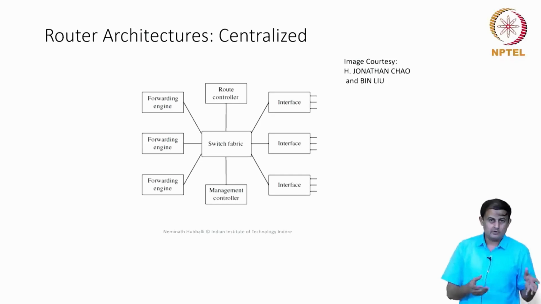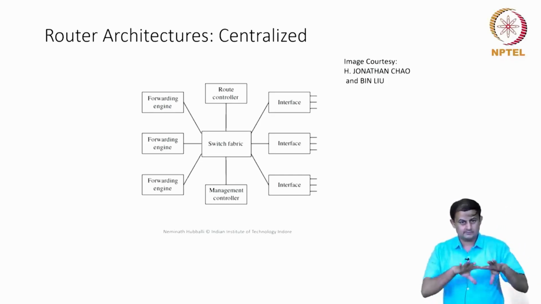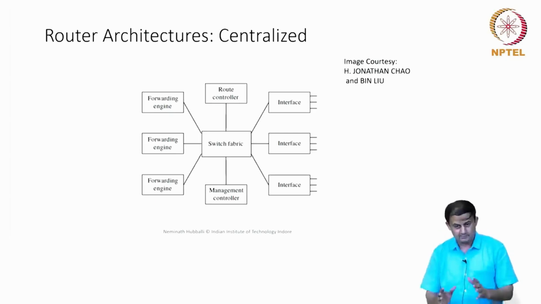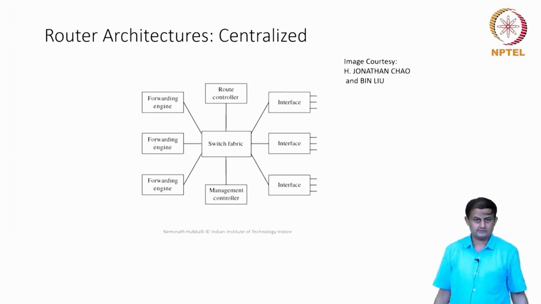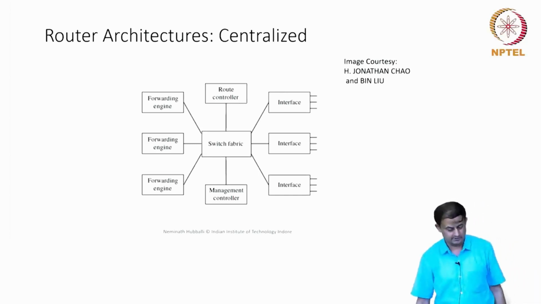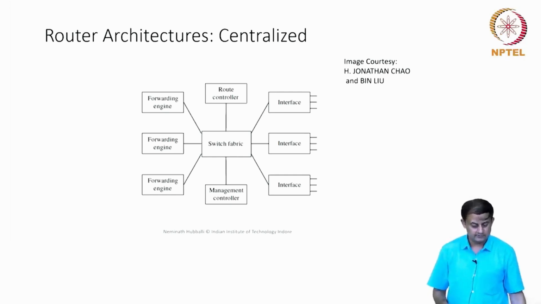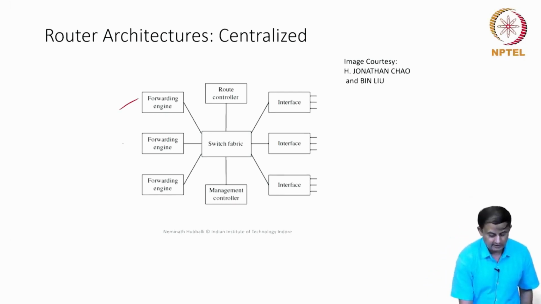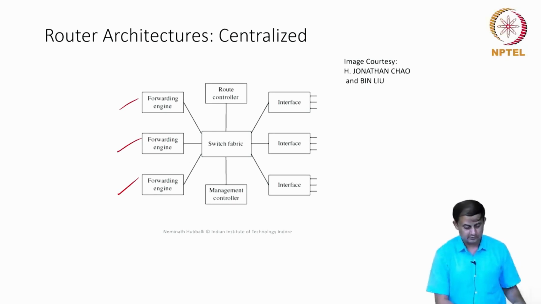So depending upon whether a centralized repository of the routing table is kept inside a particular router or there are multiple instances, we categorize such router architectures as either centralized or distributed. So in the centralized routing infrastructure, what we have is some instances, not necessarily one. Here in this diagram there are 3 copies of the routing table.